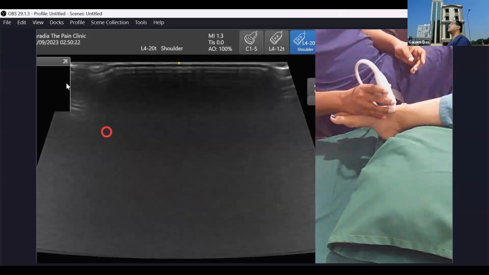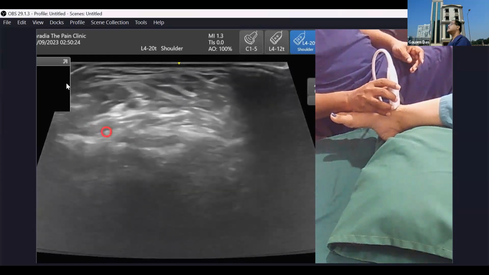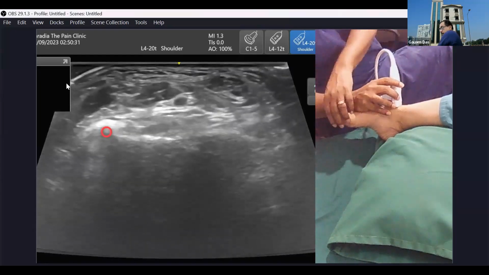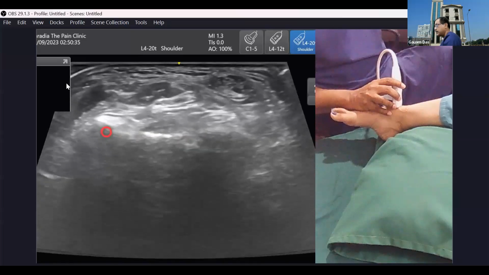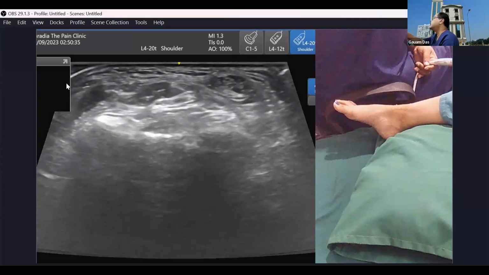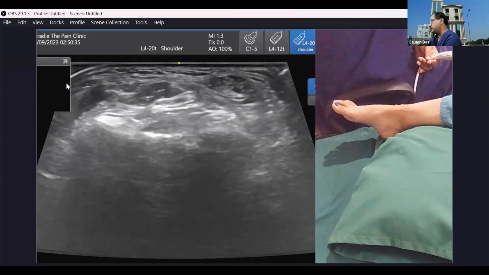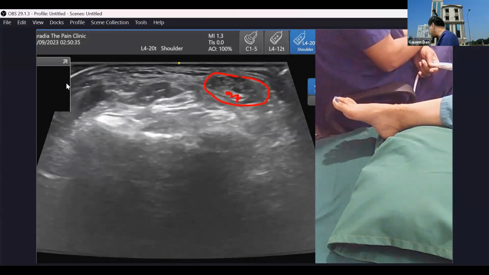Okay, let me draw these muscles again. Some part is your tendinous, because I am holding the probe a little above.